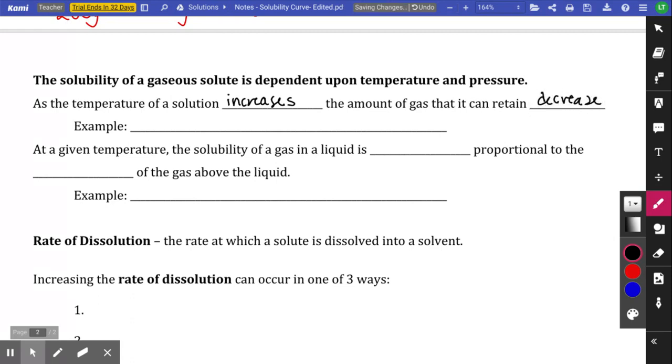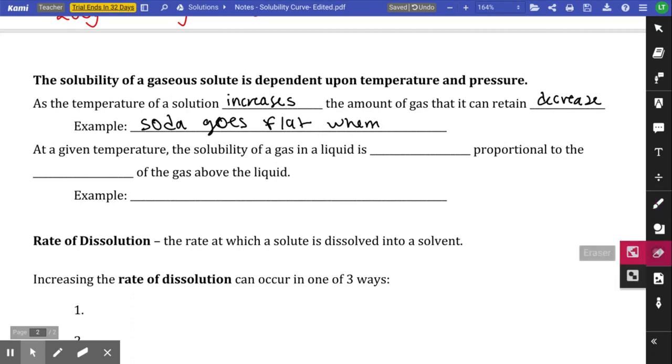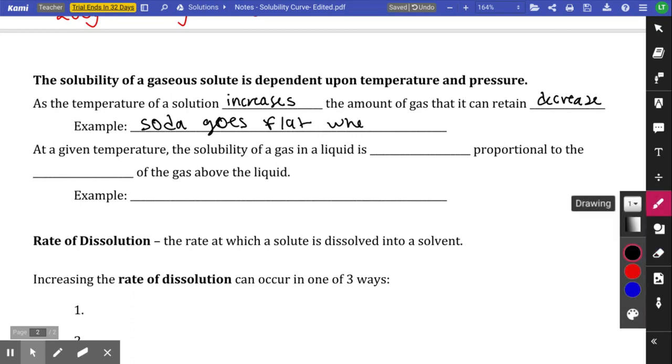So as I increase my temperature, it's going to decrease the amount of gas it can retain. So this would be like a soda. Soda goes flat when it's warm. All right. So if you ever heated a soda accidentally or left it out, whatever, it'll go flat.